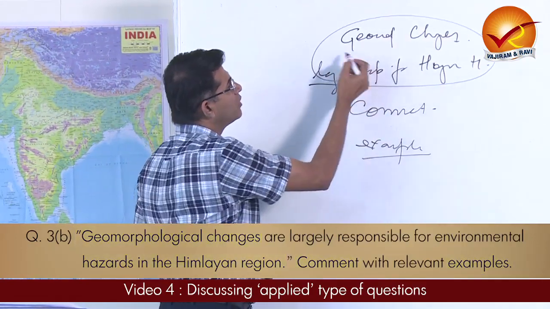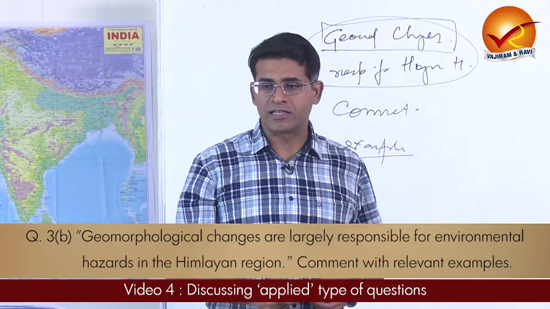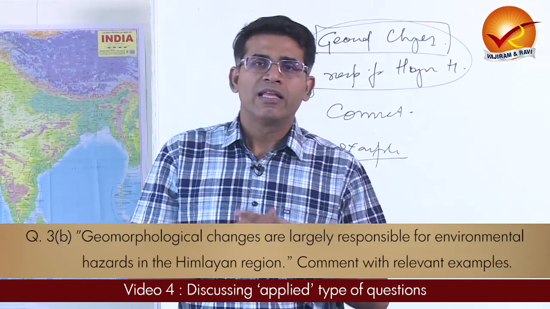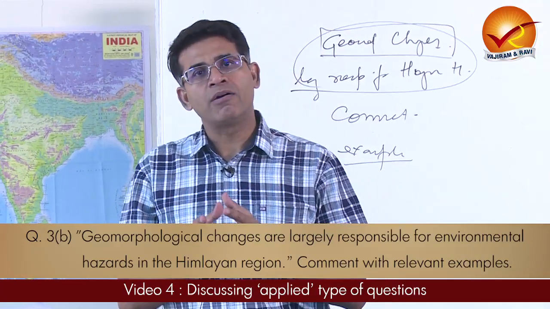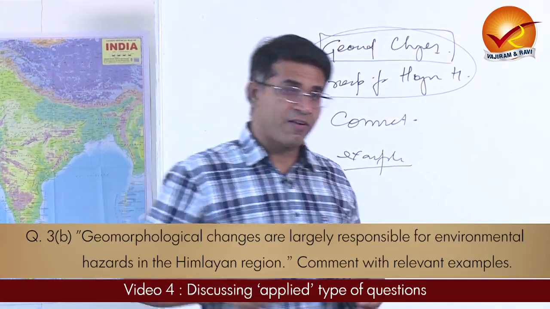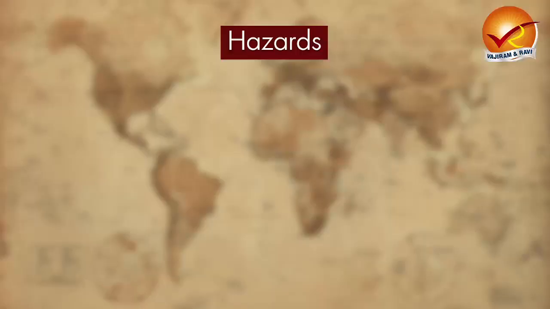Now, when I use the word geomorphological changes, we must understand this is not only about tectonics. That probably all of us know. When I say hazards, what am I referring to? I'm referring to earthquakes as an issue, landslides as an issue.